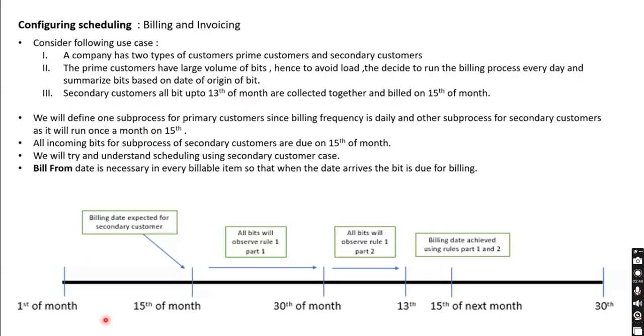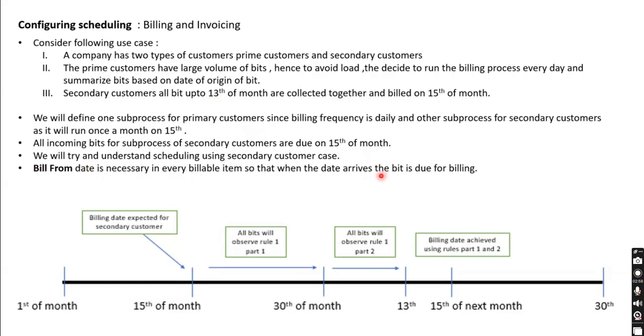So here it is going to be the schedule. So first to, no, it is not mentioned here. Let's see, let's go through. It is not properly written. So up to the 13th, first to 13th, it will be billed on the 15th of the month. Okay. We will define one sub process for primary customer. It is not mentioned here.